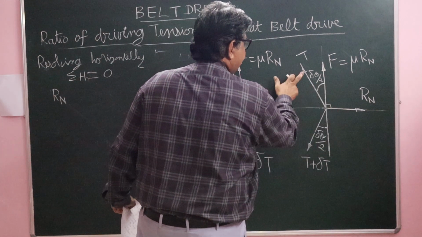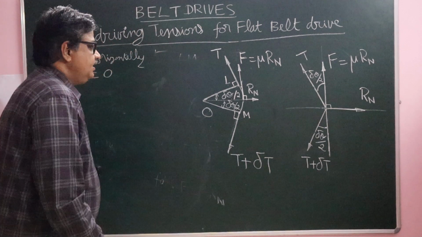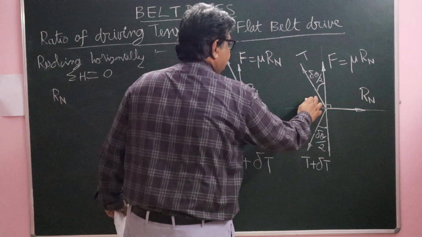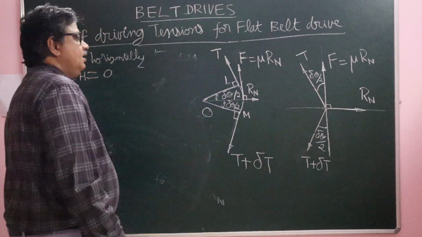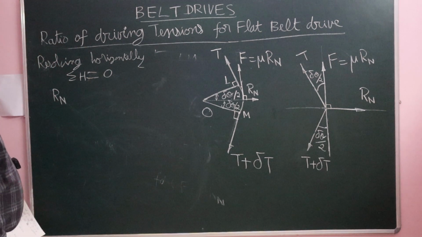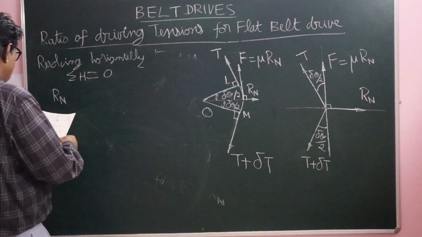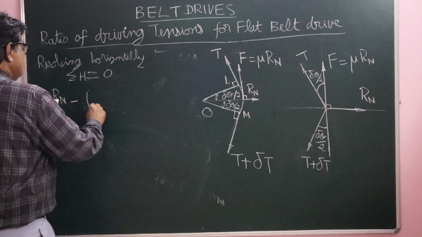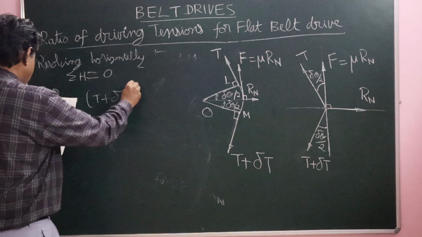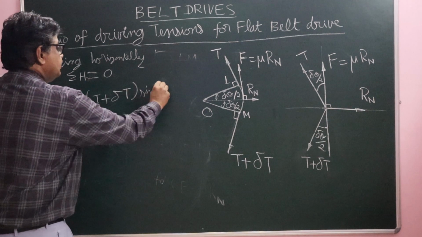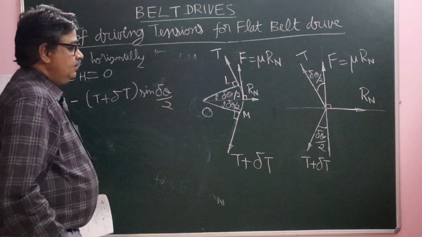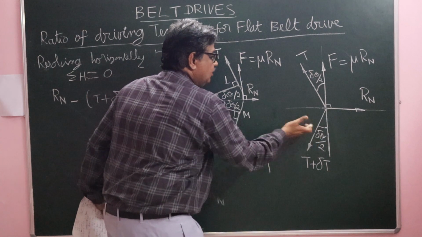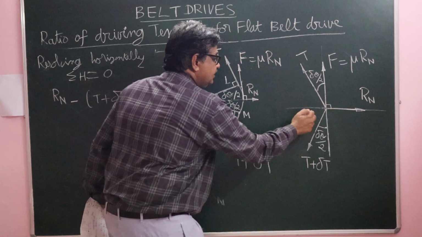The horizontal component of this is T into sine del theta by 2, minus T plus del T sine del theta by 2, because this is the force. The horizontal component is T plus del T sine del theta by 2.